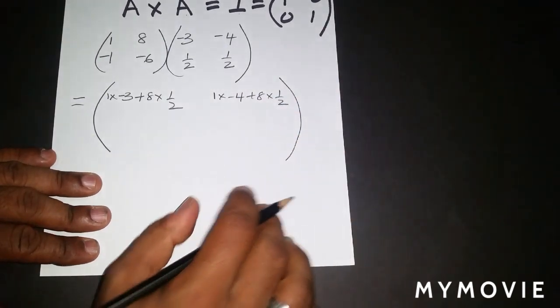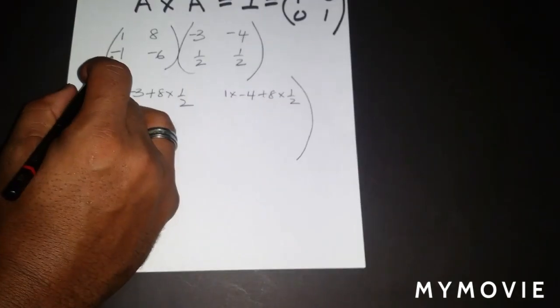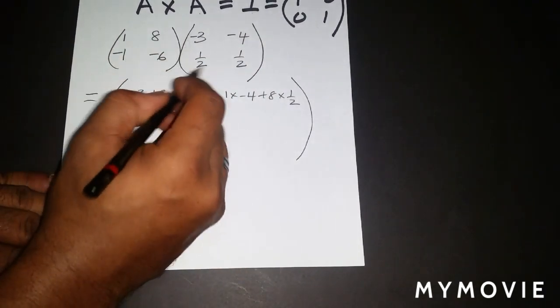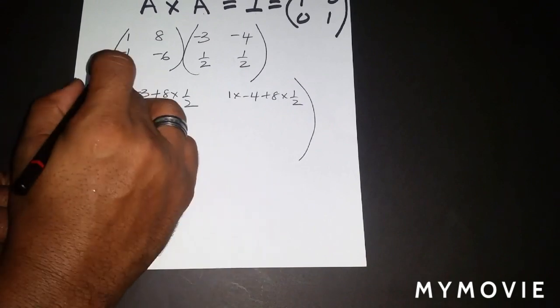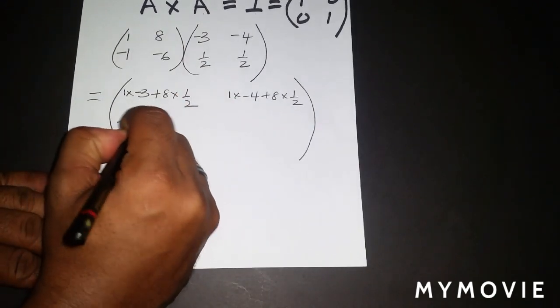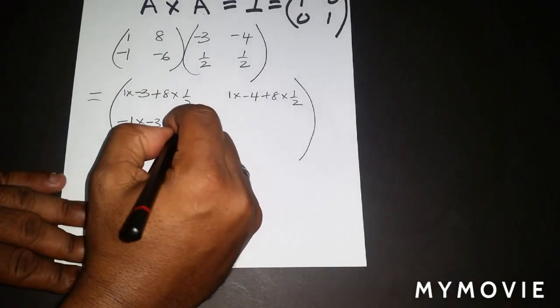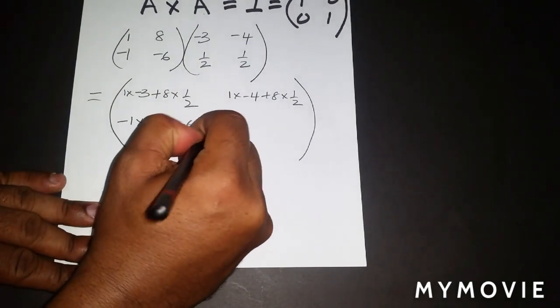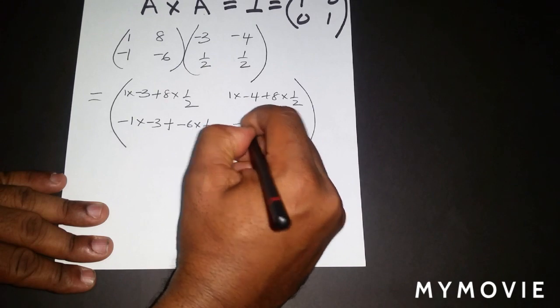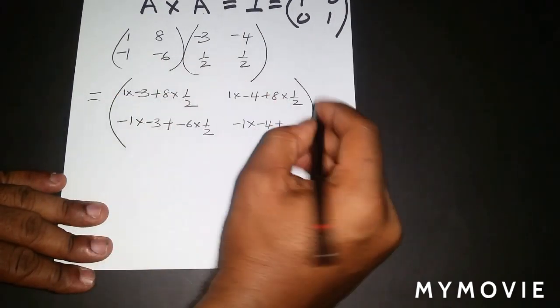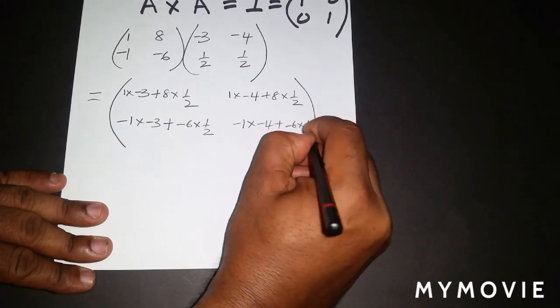I hope your skills are good with multiplying matrices. Then all the columns are used up, so we move to the next row and start the process all over again. So it's -1 times -3 plus -6 times a half, and -1 times -4 plus -6 times a half.